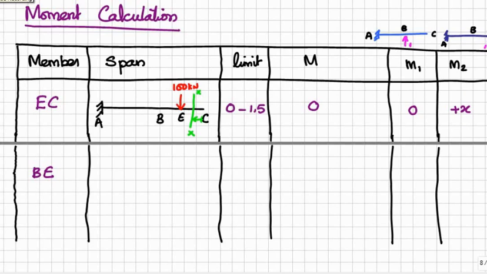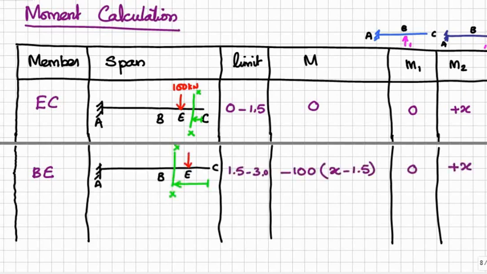Now consider BE. Here also we adopt the same procedure, so draw a section in the BE member. Still we are measuring from C point, that is the free end. Therefore the limit is: at E, x value will be 1.5 meter, and at B, x value will be 3.0 meter. Capital M is nothing but the moment about the x axis due to all external loads.